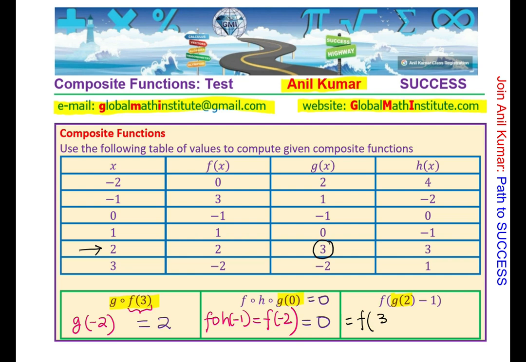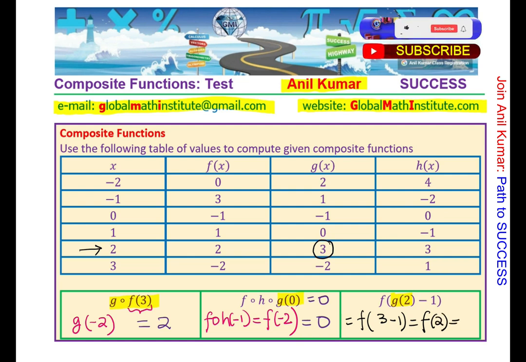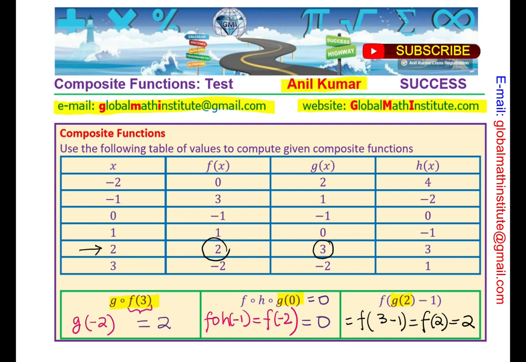So we have f of 3 minus 1. 3 minus 1 is 2. We'll write f of 2. And f of 2 will be, at 2, the value is 2. Right? So we get the answer as 2. Do you see that? So that is how you read the values through the table and get your answer. I hope it makes sense.